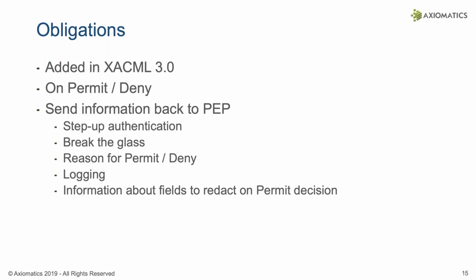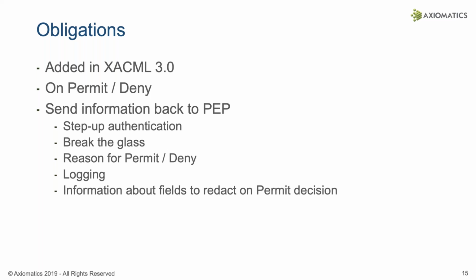If you look at how to handle this with obligations, first of all, obligations were added into the XACML 3.0 version of the standard, which is something that Axiomatics fully supports. Also, Axiomatics has been heavily involved in driving that standard. We can return obligations either on a permit or on a deny decision from the authorization engine.